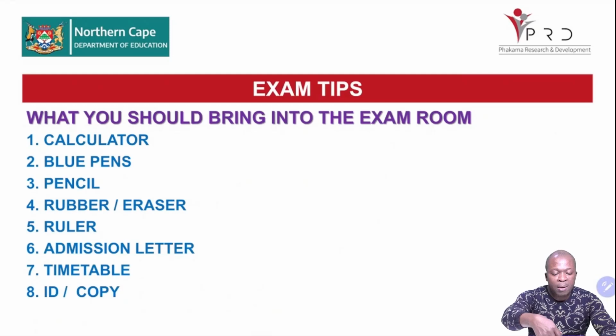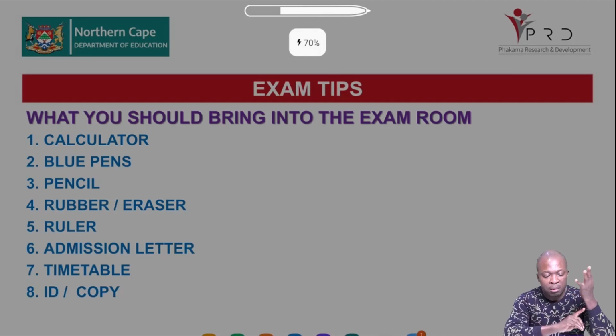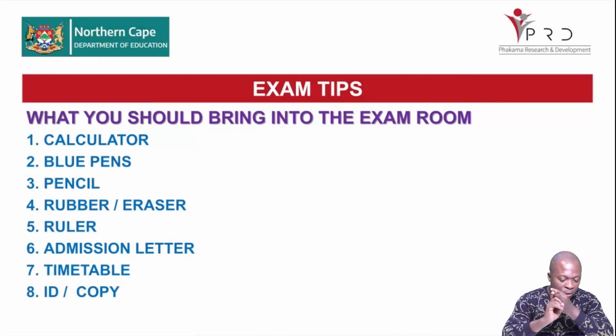All right, now what do we do next if you are asked to go to the examination room? Then the first thing that I want you to do is that you should be able to have your pencil, your calculator, your pen, your rubber, your admission letter.